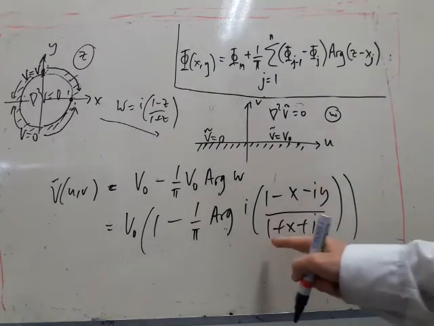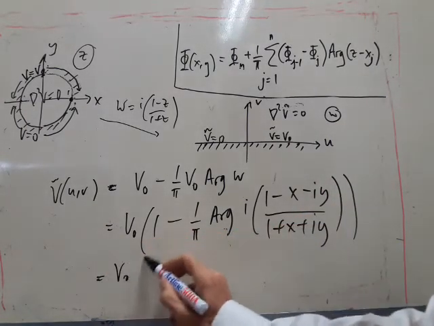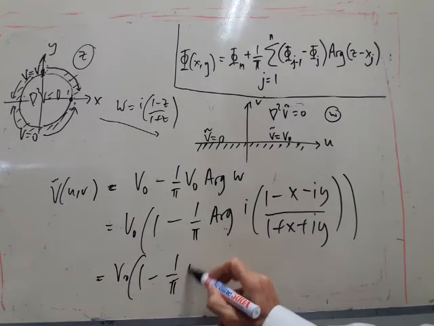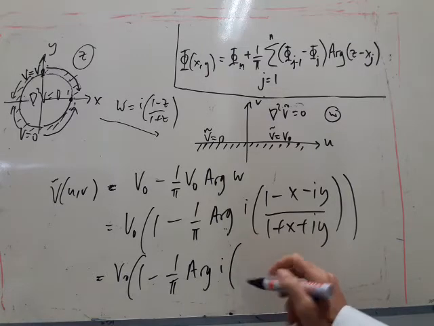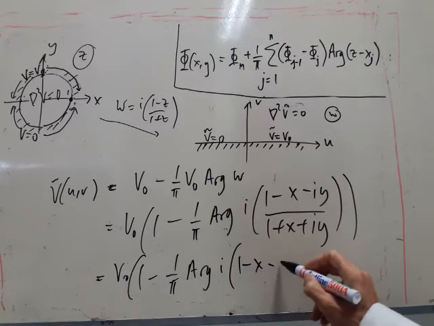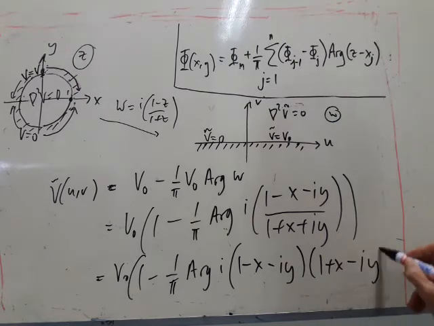so I use the trick of multiplying top and bottom by the conjugate of this. So I've got (1 minus x minus iy) times (1 plus x minus iy).